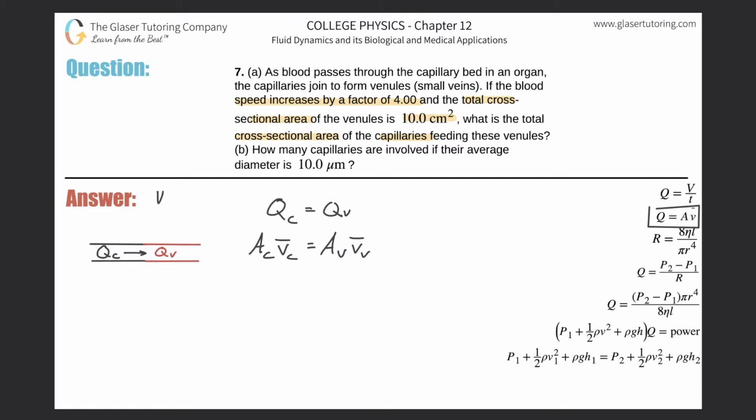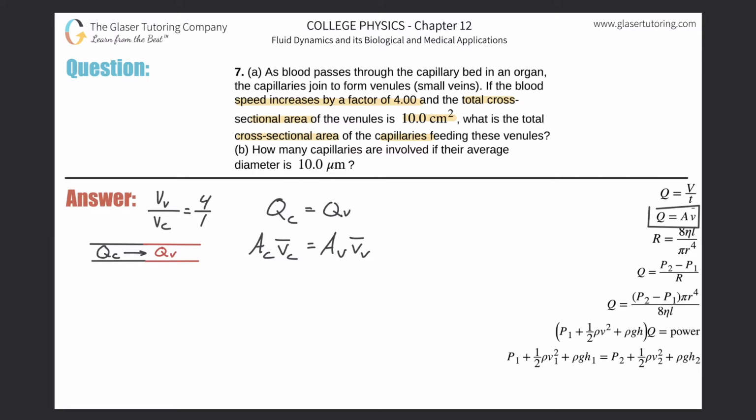Now that's a simple ratio. Basically, I can write that as this: the velocity through the venules compared to that through the capillaries would be a 4-to-1 ratio. The velocity through the venules is 4 times larger than the velocity here through the capillaries, which is 1, all right?